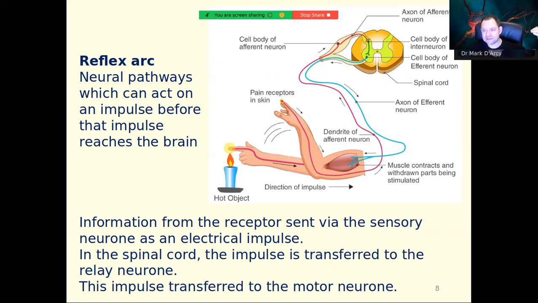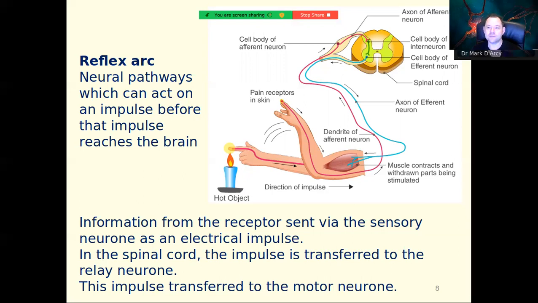So any signal that goes inwards towards the central nervous system is the afferent pathway. The signal will then connect with some interneurons, possibly in part of your brainstem, possibly a little higher up, and a decision will be made instantly to remove your hand from the stimulus.